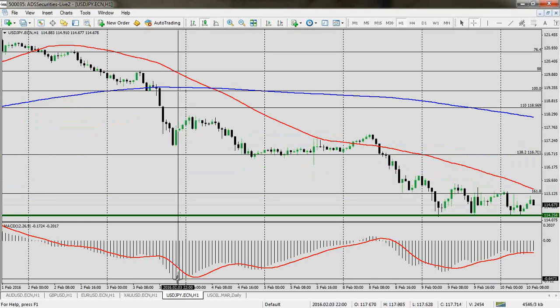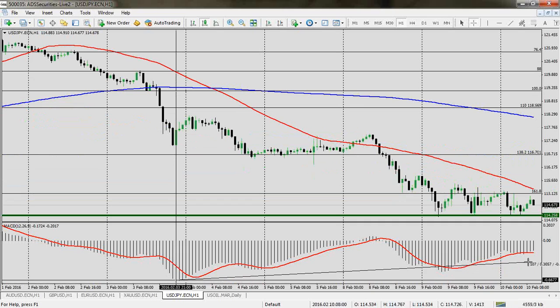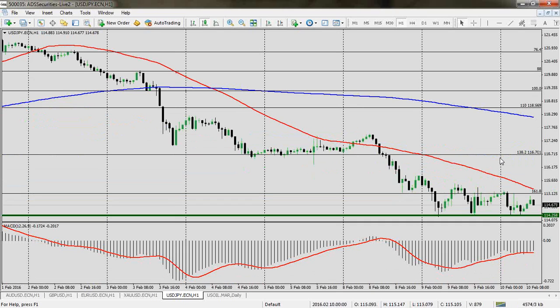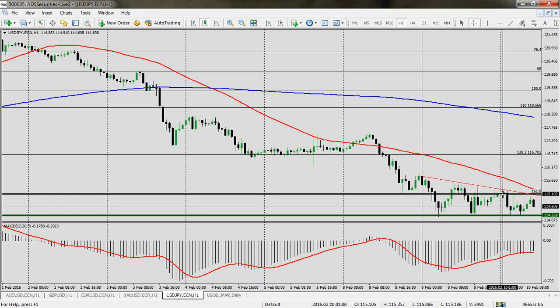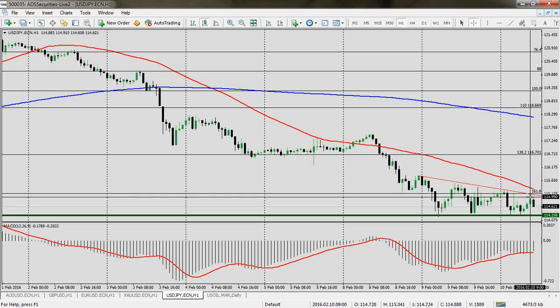We can see that there is a divergence on MACD, and the pair is moving in a tight range. If you draw a trend line over here, you would see that it has tested its dynamic resistance level once, twice, 3 times, and this is the 4th time.